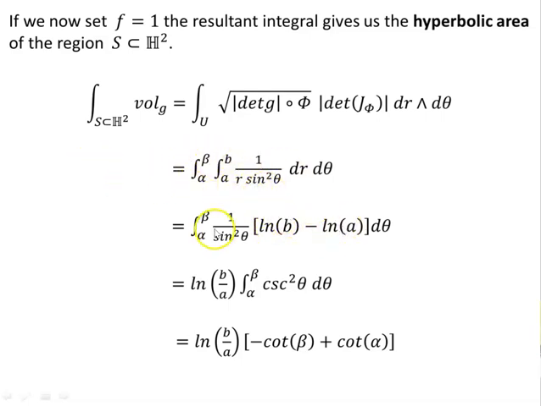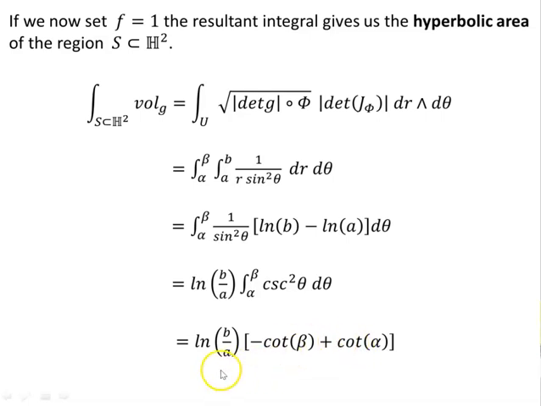If we then integrate 1 over sine squared theta between the limits alpha and beta with respect to theta, we have the integral a to b of cosec squared theta d theta, which is just a standard integral. When you do that, the end result is log b on a times minus cot beta plus cot alpha.